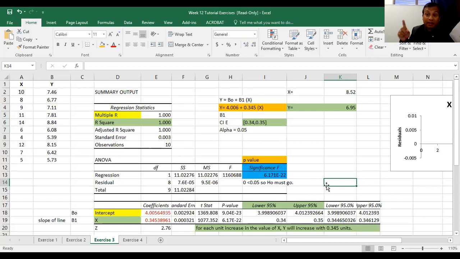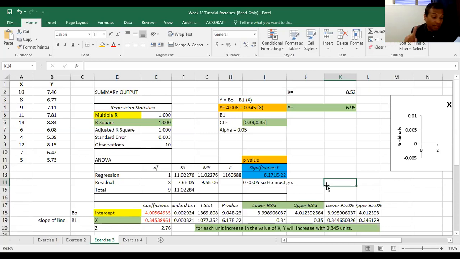To check whether the regression line or model is reliable, you need to look not at the CI interval but at the significance F level, the P value, and on that basis decide whether to accept H naught or not. H naught is that there is no relationship, whereas H alternative is that there is a relationship. So if H naught must go, there is support for the alternative. That means there is a significant, reliable relationship between X and Y.